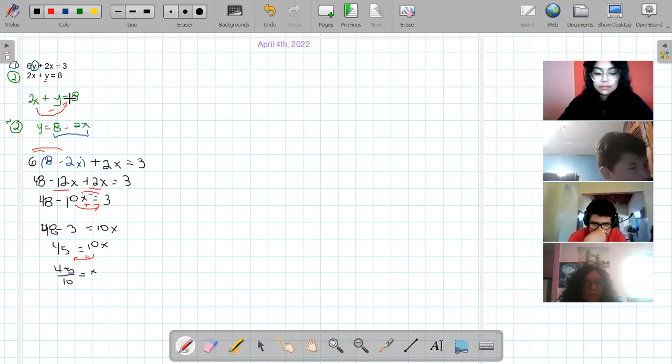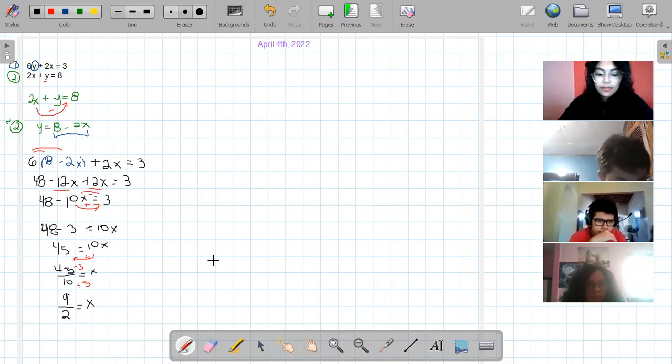Can I simplify the 45 over 10? By 5. Very good. 45 divided by 5 is 9, and 10 divided by 5 is 2. So x is equal to 9 over 2.